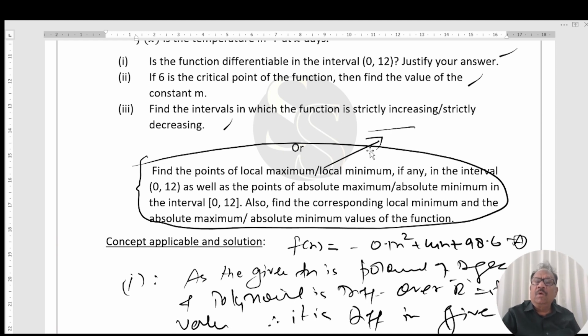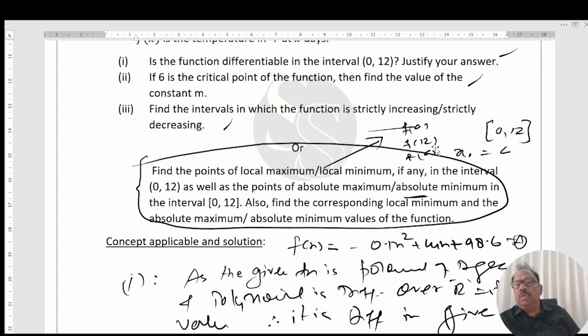The procedure for absolute maximum and minimum: here 0 is given, 12 is given, and the critical point is 6. Then you have to find the values of f(0), f(12) and f(6); out of which the maximum is the absolute maximum, and the minimum is the absolute minimum, right? No testing is required by the first derivative test or second derivative test.